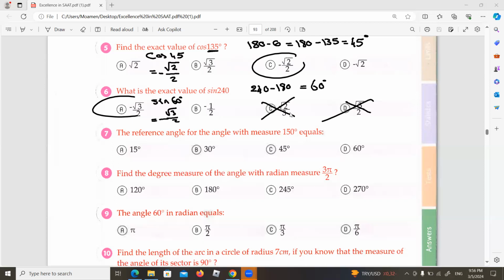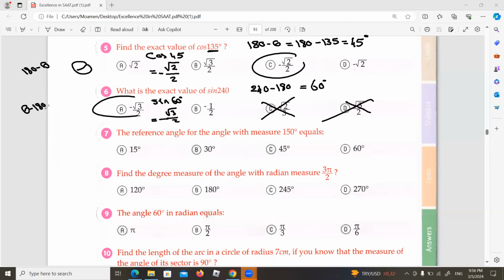Pay attention. I saw a mistake. The reference angle in the first quad is theta. In the second quad, 180 minus theta. In the third quad, don't say 270. It is theta minus 180. We don't use 270 and 90. We use 180 only. In the second, 180 minus the angle.